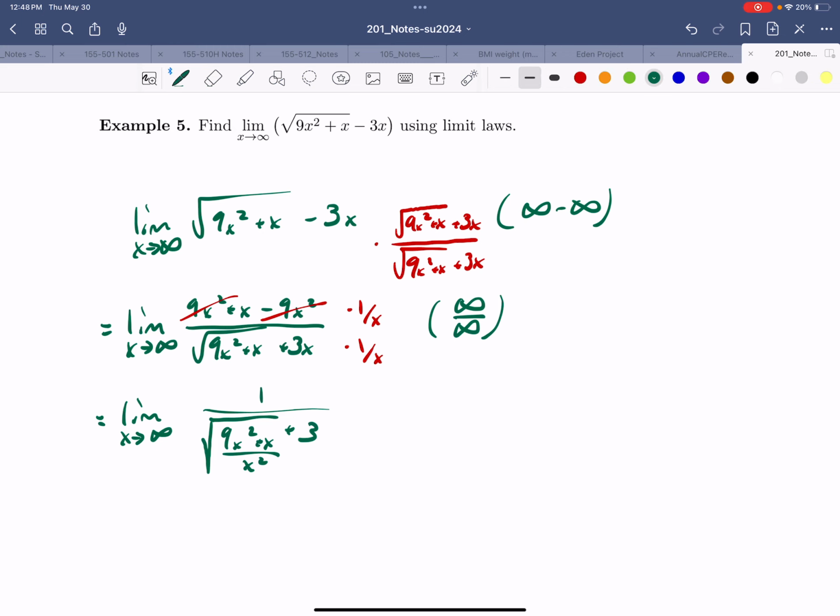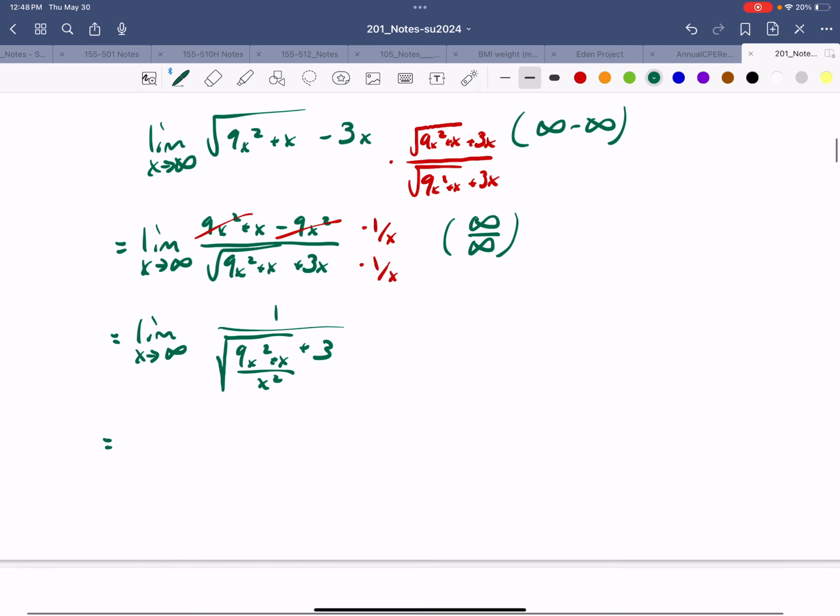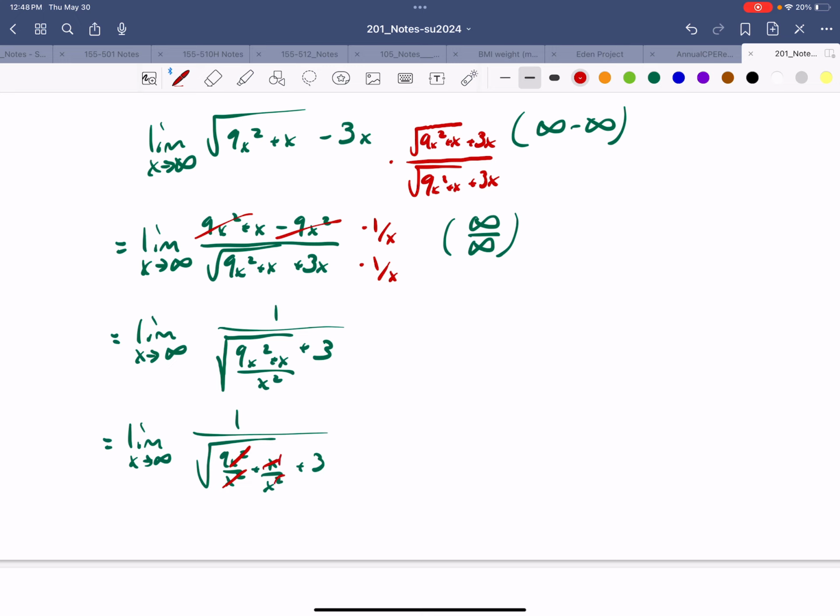All right, now at this point, just a little bit of arithmetic, right? We're not using any crazy machinery here, just a lot of arithmetic. So we have 9x squared over x squared plus x over x squared plus 3. I hope you see that these will cancel, and we have a 1 over x.